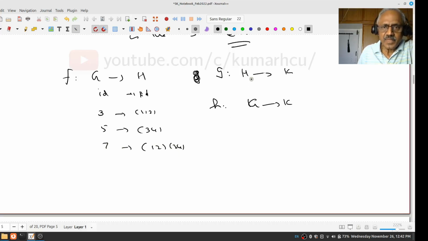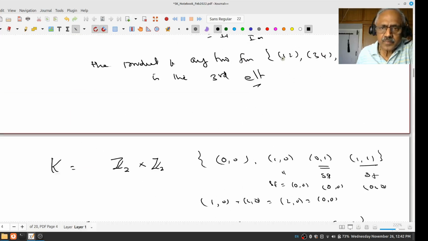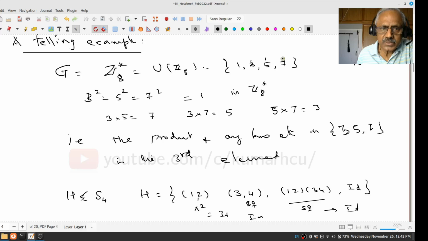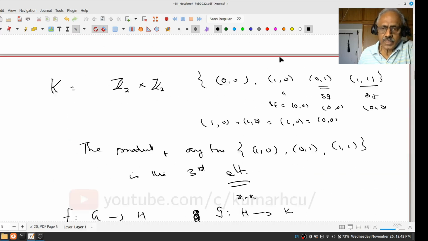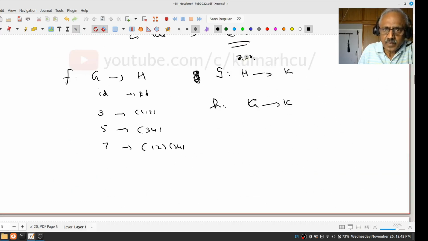Similarly, H was Z2 cross Z2, and this was, no, H was S4. Sorry, this is a transposition, right?